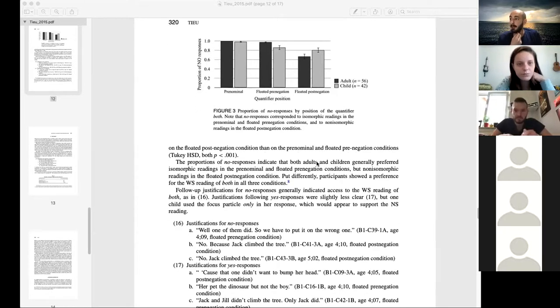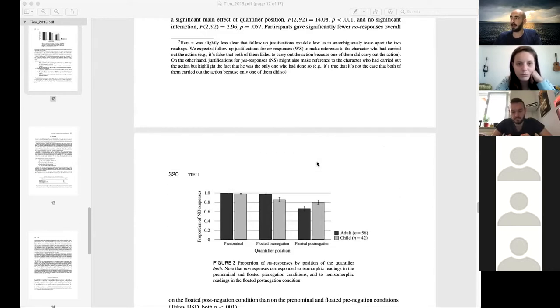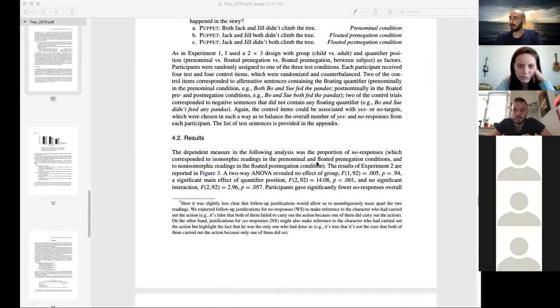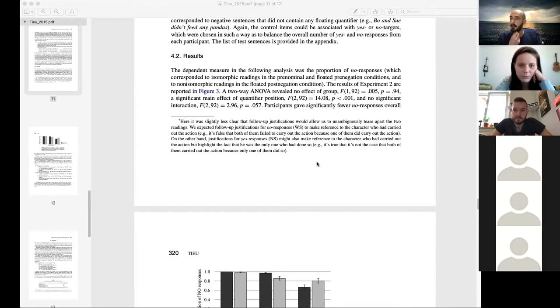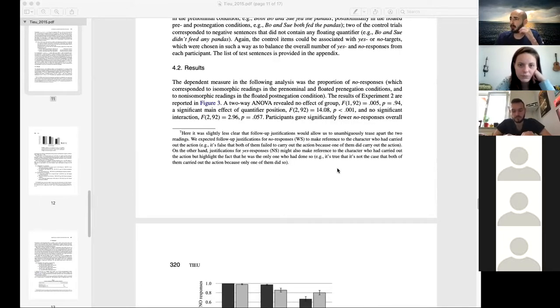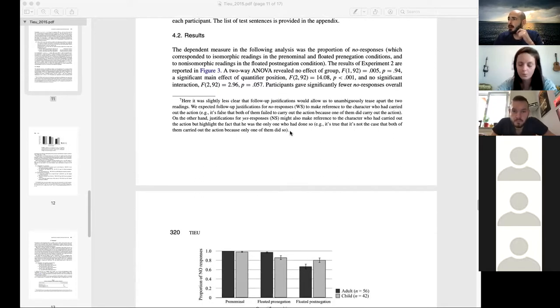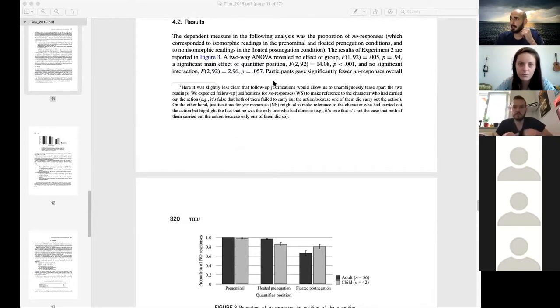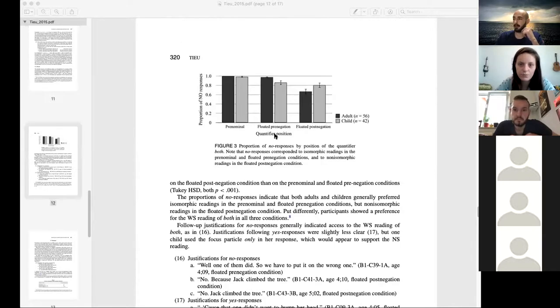So your sample size might affect the conclusion you want to draw from your results. So what they found here, right? No general effect of group with the two-way ANOVA, a main effect of quantifier position, and no significant interaction.